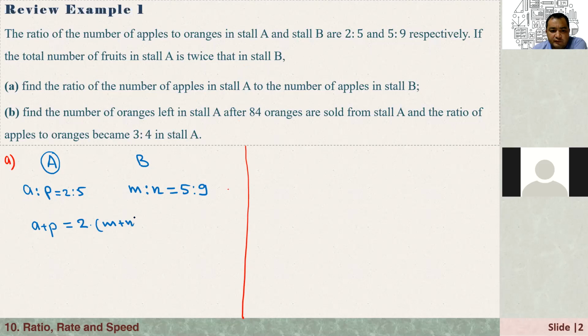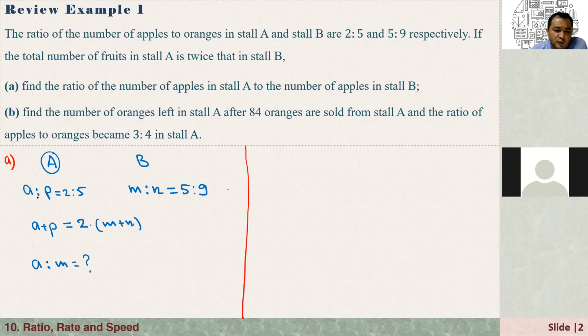M plus N: M apples and N oranges. Now the question says to find the ratio of the number of apples in stall A to the number of apples in stall B. So we need to find A to M.